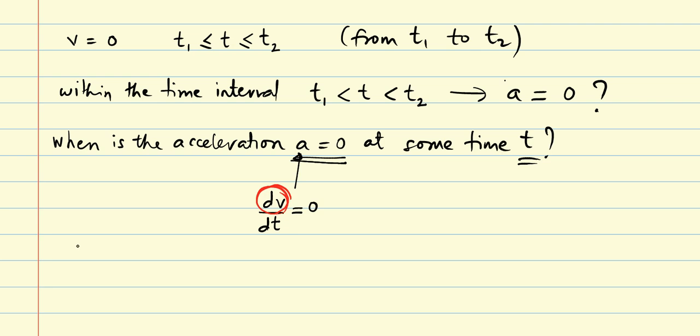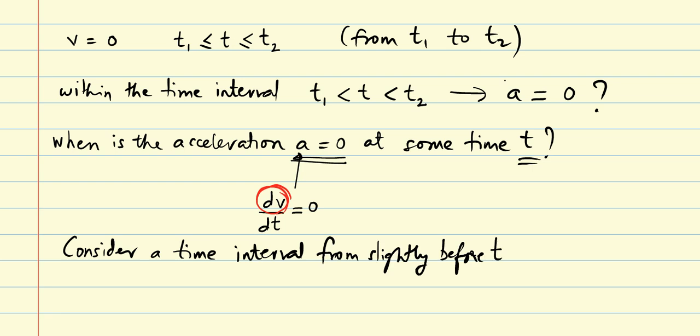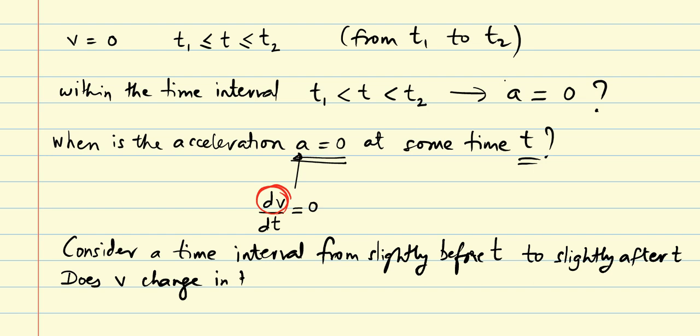So in short, if we want to find whether the acceleration is 0 at some time t, we have to consider a time interval which starts from slightly before t and ends slightly after t. Then ask yourself the question, does v change in this defined time interval?